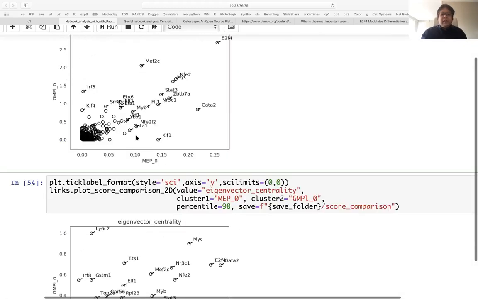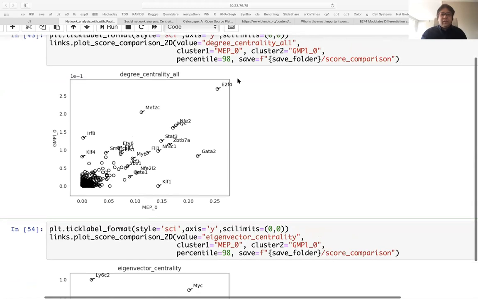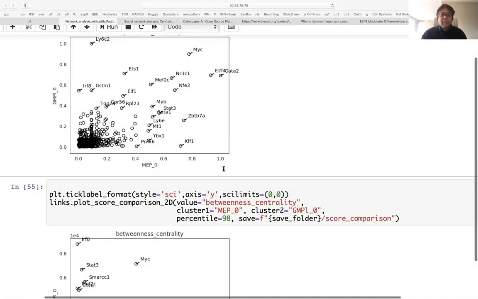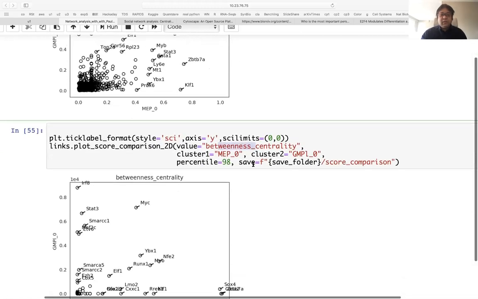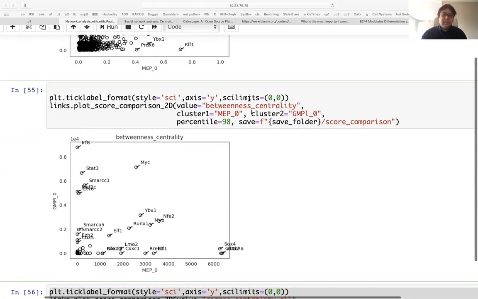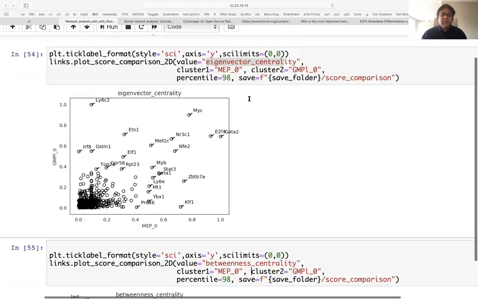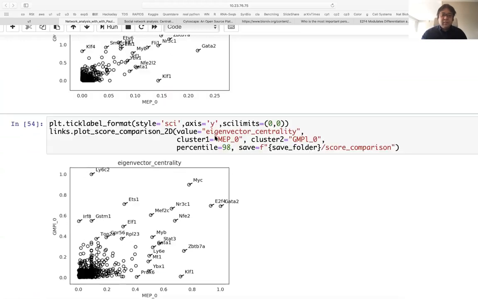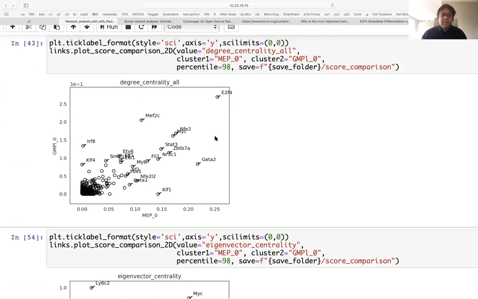Okay, and not only degree centrality, you can visualize different factors, like eigenvector centrality or betweenness centrality. So this score, for example eigenvector centrality, looks a little bit different compared to the degree centrality.